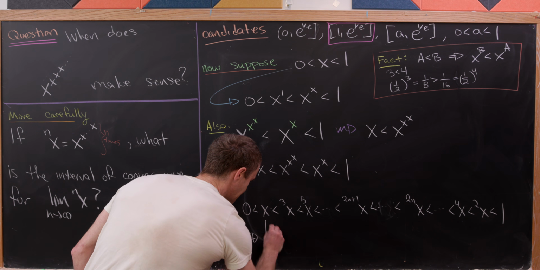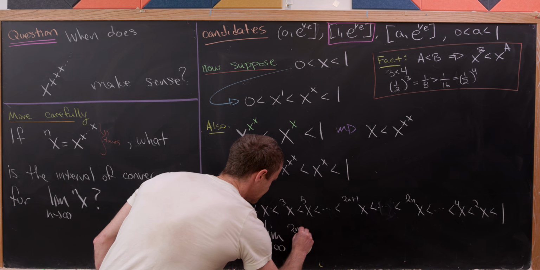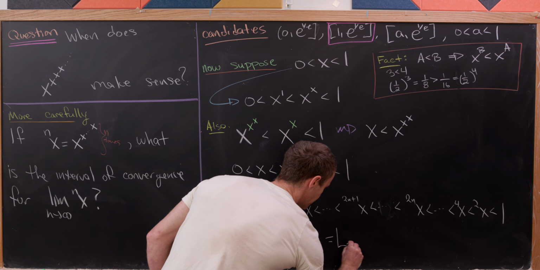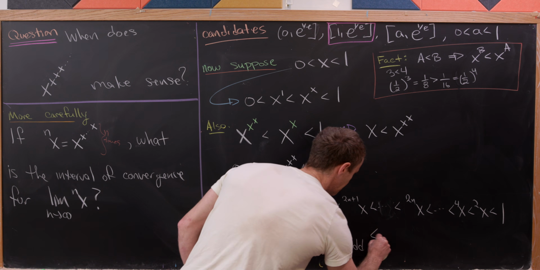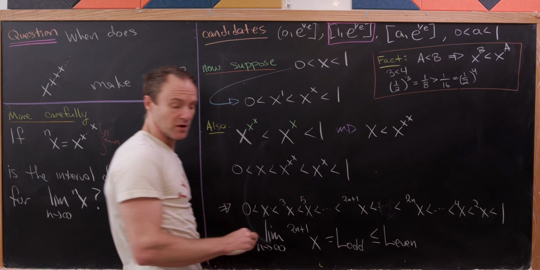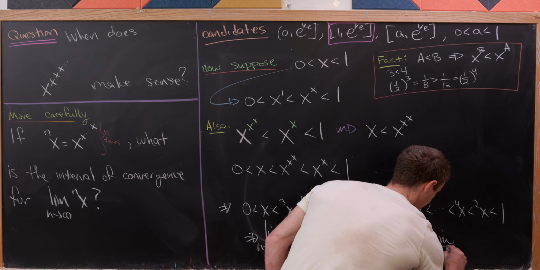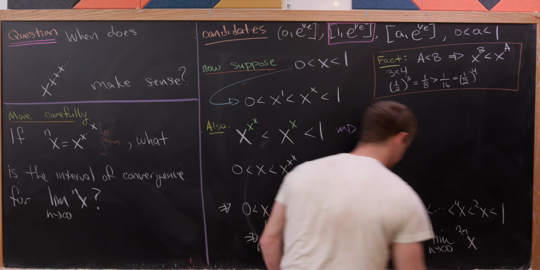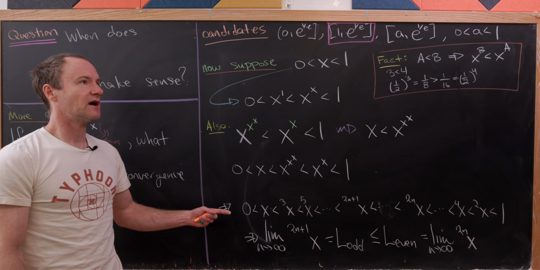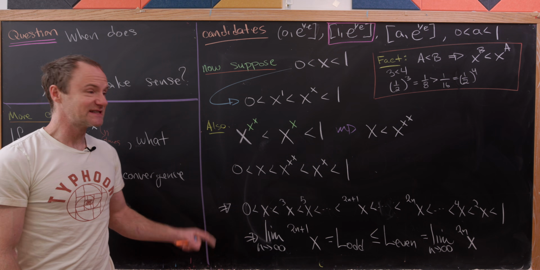The limit as n goes to infinity of the odd tetrations, the (2n+1)st tetrations, converges to something that I'll call L sub odd, which is going to be less than or equal to L sub even, which is equal to the limit as n goes to infinity of the 2nth tetration of x. So that's what we gain from the monotone sequence theorem applied to this string of inequalities. Okay, so now let's see what we can get out of that.